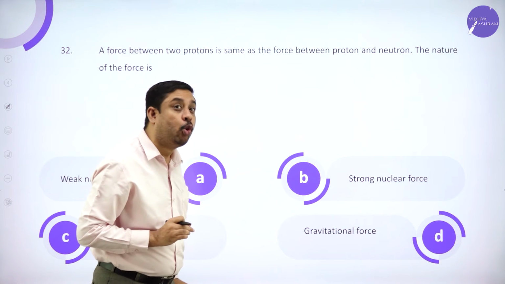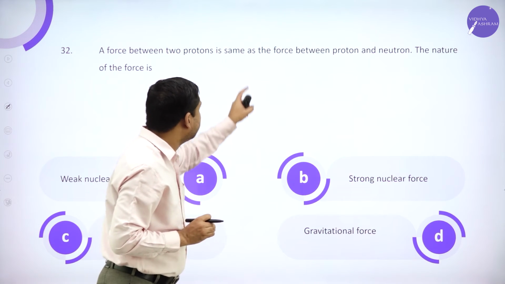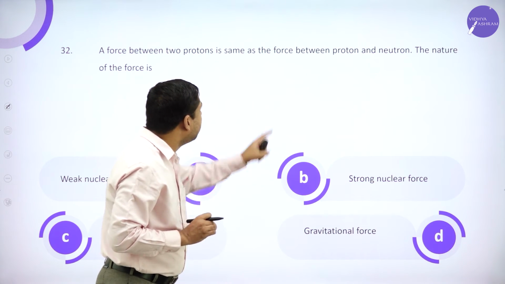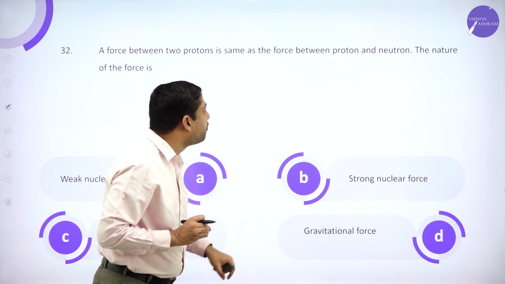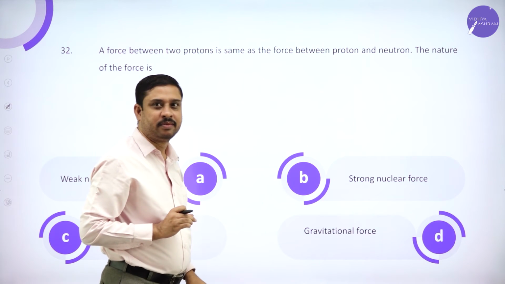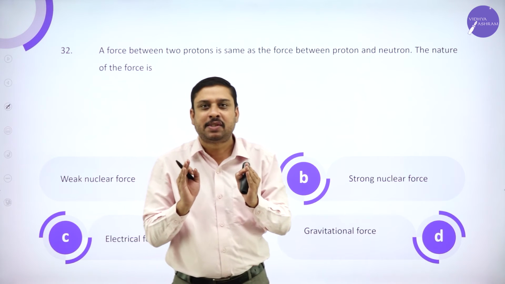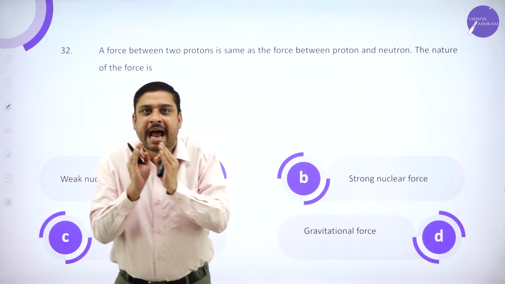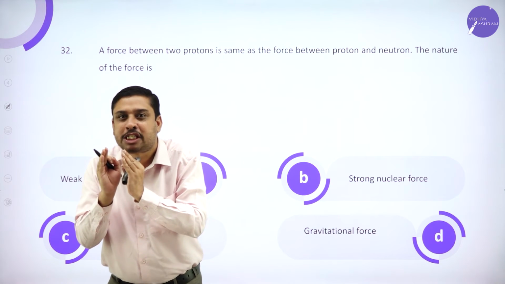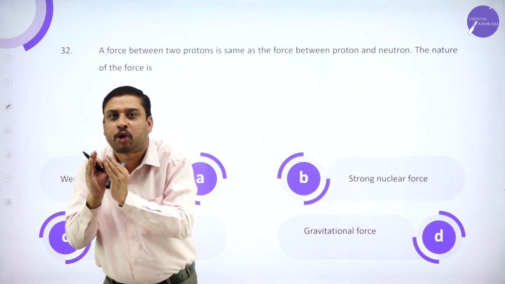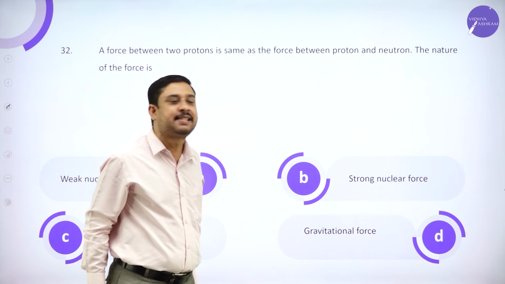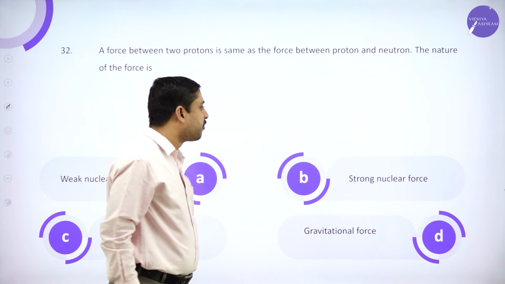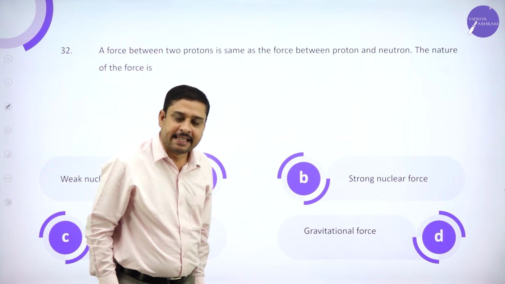Force between two protons is the same as the force between proton and neutron. Force between two protons and the force between a proton and a neutron are the same.